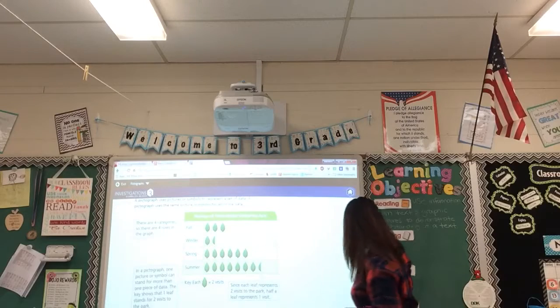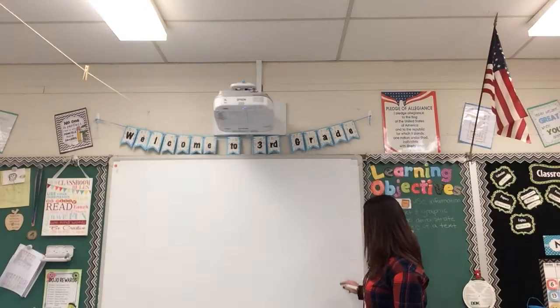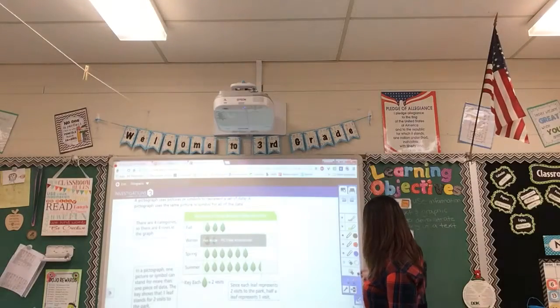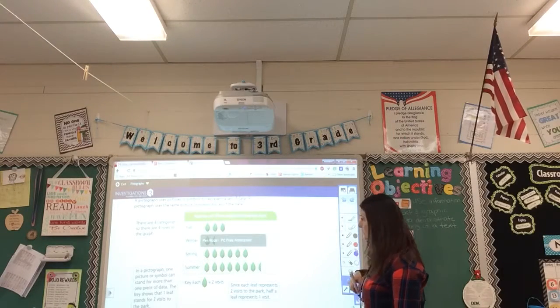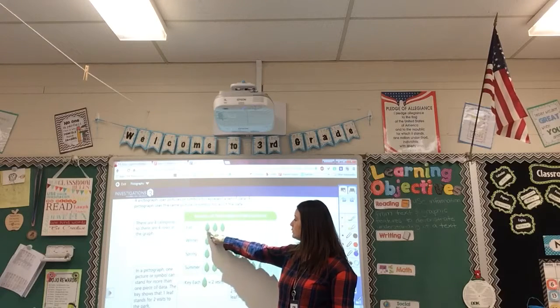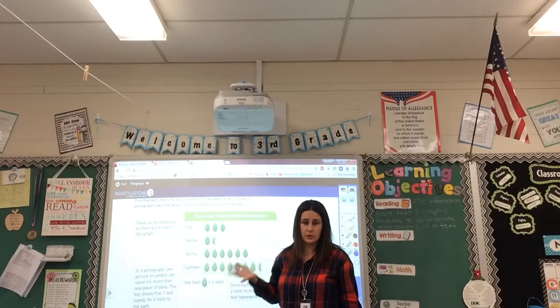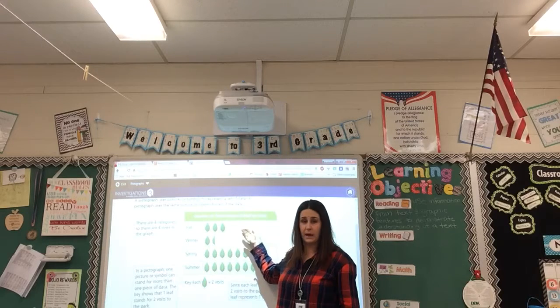What we did in class today was figure out how many times Keisha visited the park during each season, during each category. For fall, I see 1, 2, 3 leaves. There are 2 different strategies I can use to figure out how many times she went in the fall.